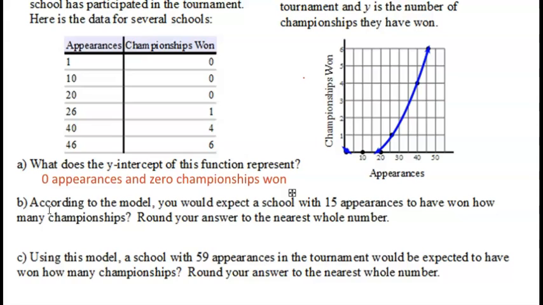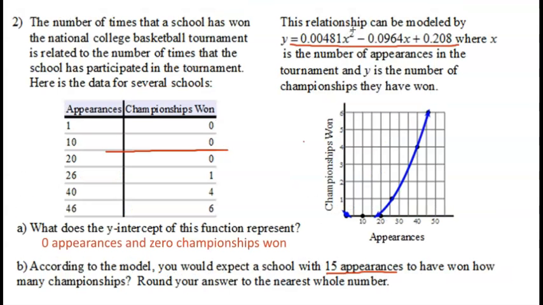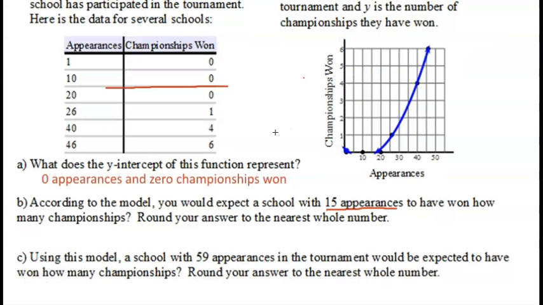With the next one, with B, it says, according to this model, would you expect a school of 15 appearances to have won how many championships? So 15 appearances is somewhere between here. If you plug that into the formula, it's still 0. So you just write 0 wins.